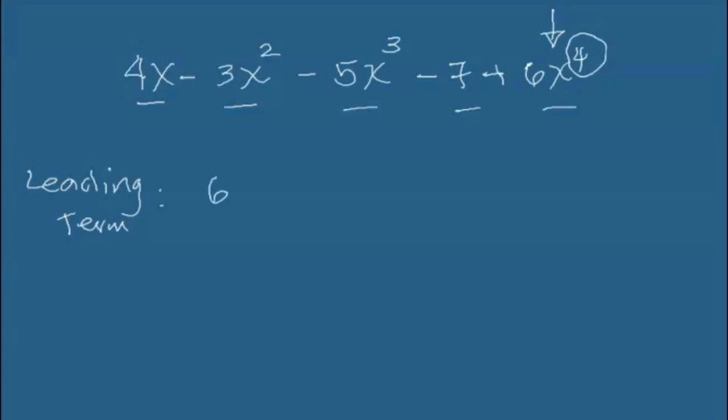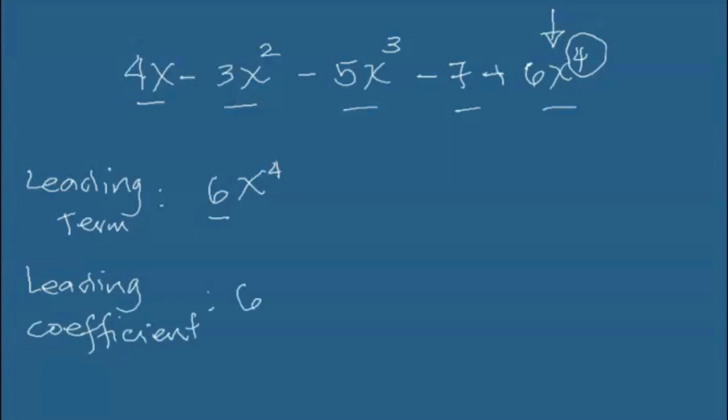So the leading term is 6x to the fourth. And 6 is our leading coefficient. Okay, and therefore the degree of this polynomial is the highest exponent of the leading term, so that's 4th degree.